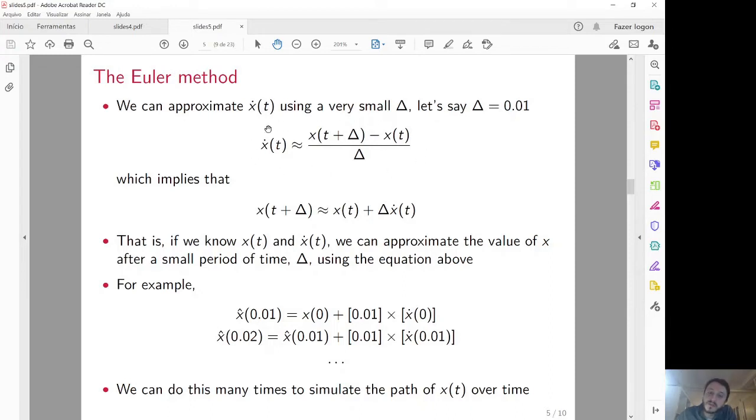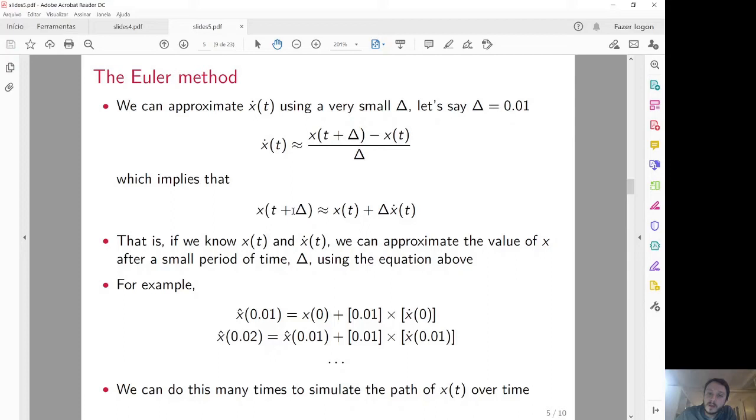So we can use this relationship and do some algebra here, and we can isolate x at time t plus delta, and we get this here. So x at time t plus delta is approximately equal to x at time t plus delta times the derivative. So if you notice, that's the relationship we used in the example before.